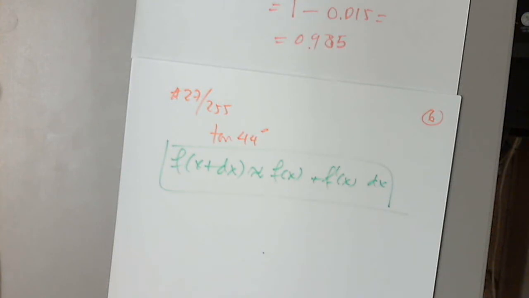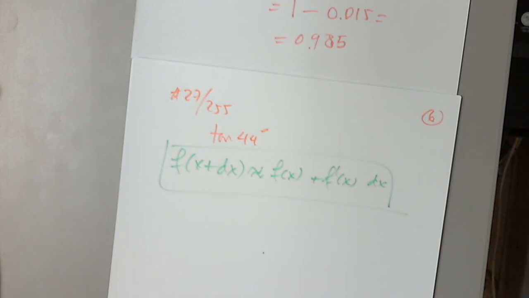So what am I looking for? I'm looking for f of x, a function. I'm looking for f prime of x. x that I know a lot about. I'm looking for dx, a minor change from what I know.